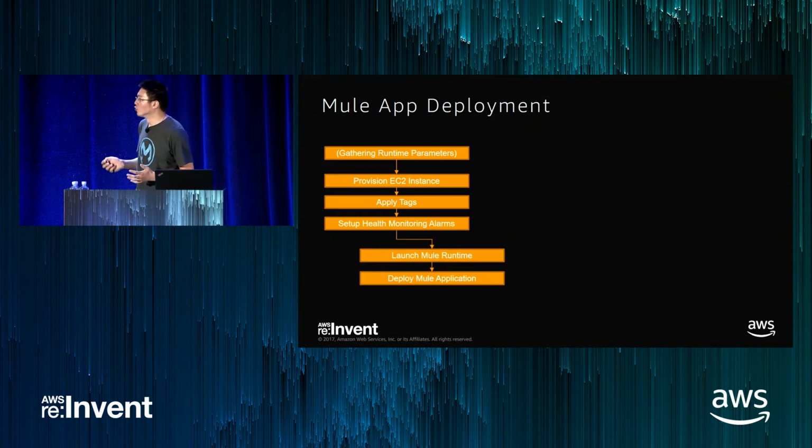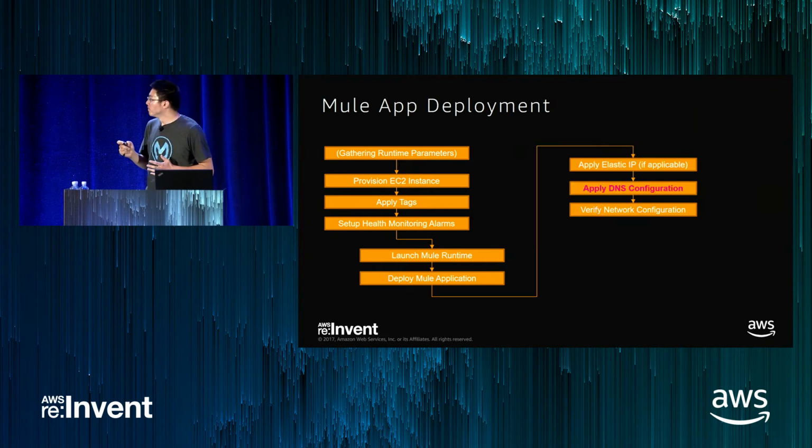We then launch the Mule application onto the EC2 instance, run it, and make sure the app is up and running. Then we apply the network configurations, like applying the static IP onto the instance or applying the DNS configuration on the instance. And finally, we verify it's working. Then we hand the application back to our customer for either testing or production work.